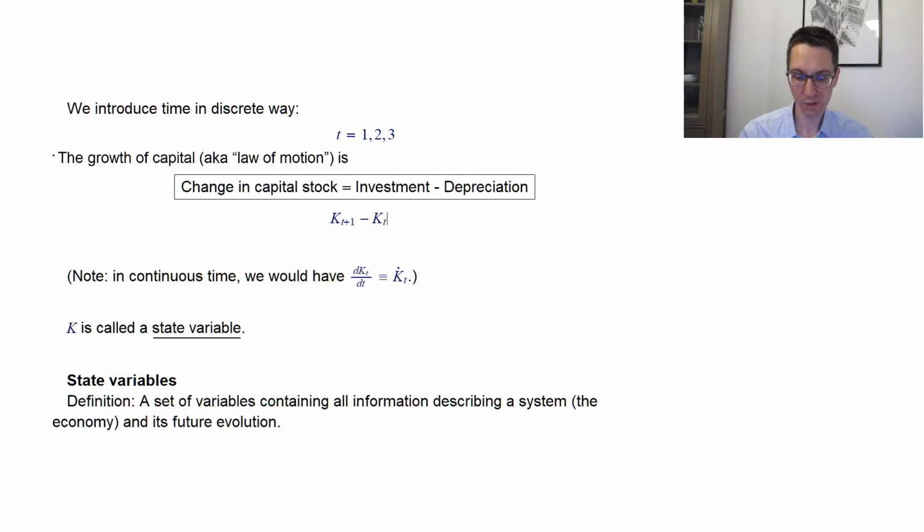We're going to use a Greek letter for that. We define capital delta k t as the definition of k t plus 1 minus k t. And it's equal to investment minus depreciation: S y of t minus delta k.